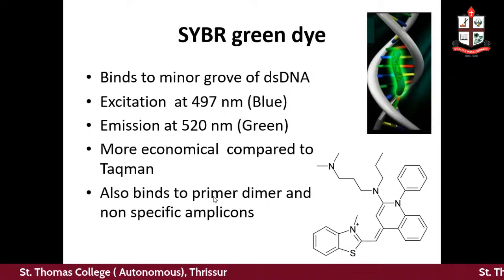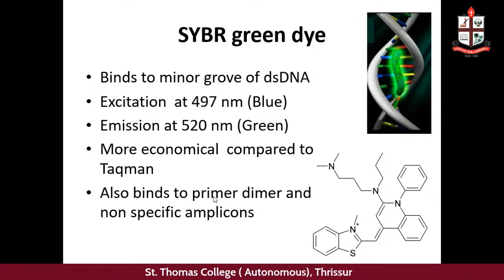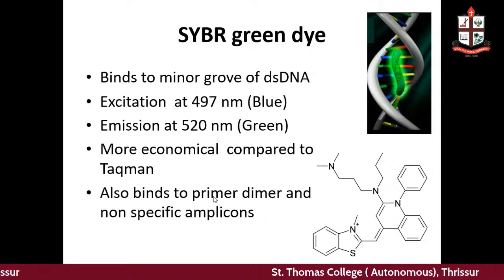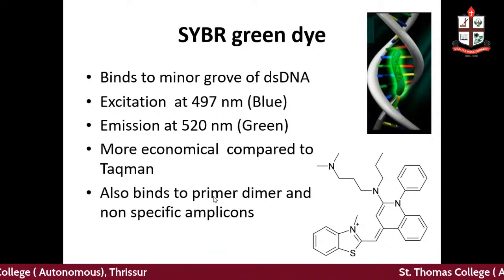SYBR Green will also bind to primer dimer because it is also double-stranded DNA. And also, if non-specific amplifications are happening in your PCR, SYBR Green will bind to those DNA fragments also. If your primer is not specific, it can bind to other regions in the DNA in a non-specific manner. Then amplification will happen from those regions also, so SYBR Green will bind to all those DNA.